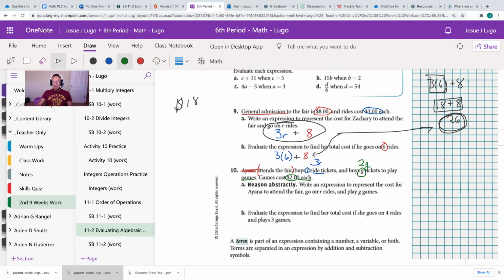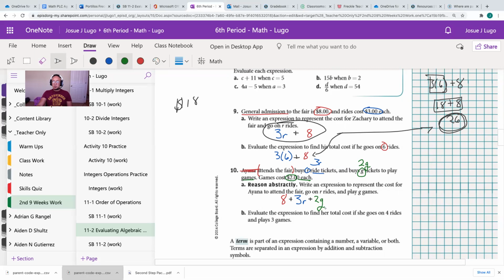So let's update our expression. Again, firstly, you need $8 to get in, right? Then you need $3 for each ride that you're going to ride, and you need $2 for each game that you're going to play. And that is 10a.